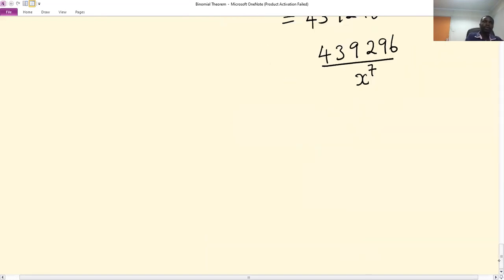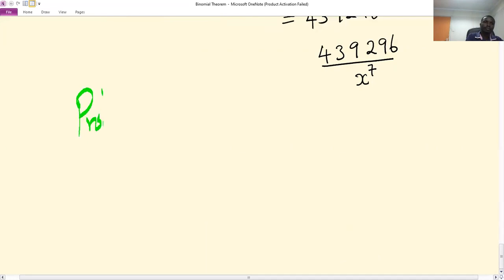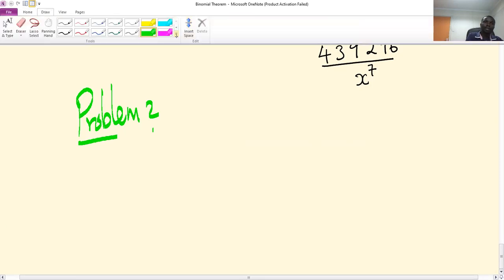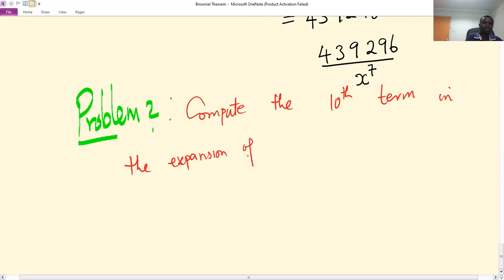And problem 2: compute the 10th term in the expansion of (3x minus 2y) raised to the power 13.